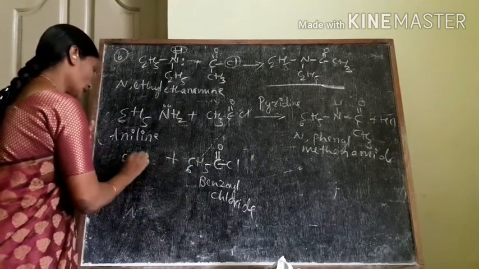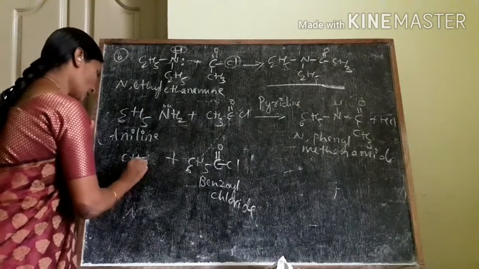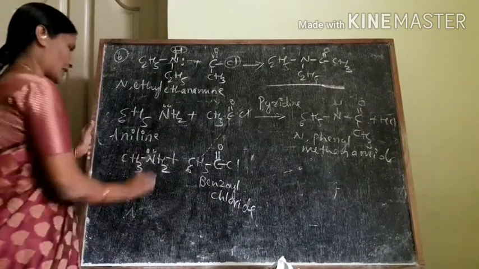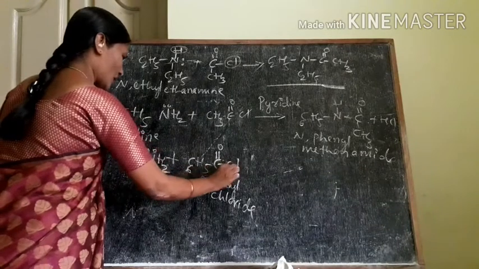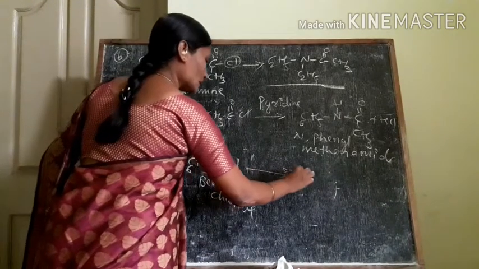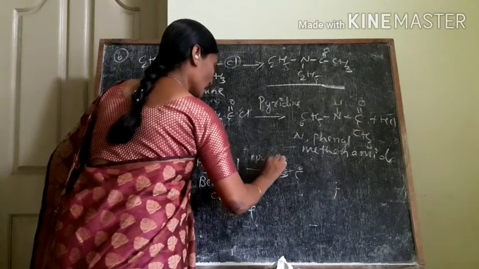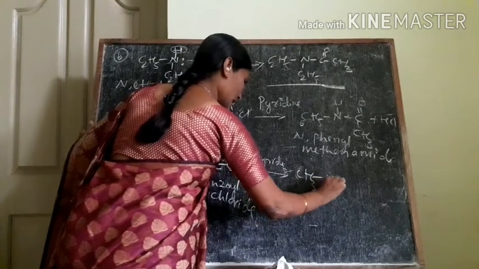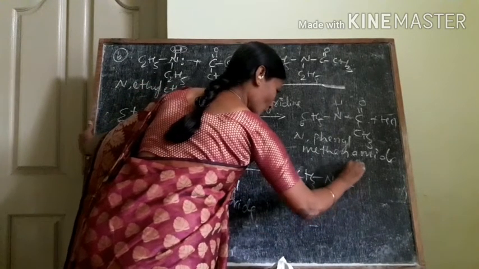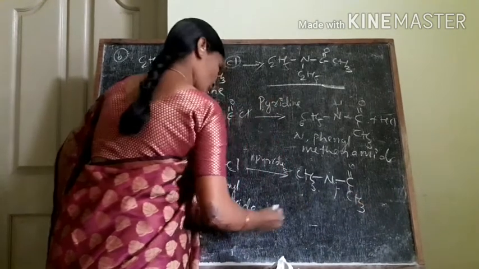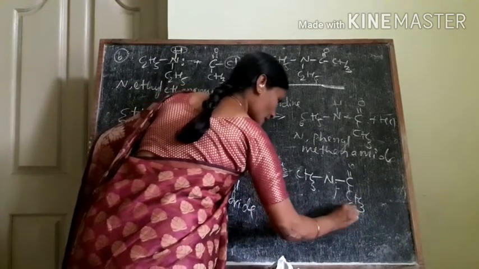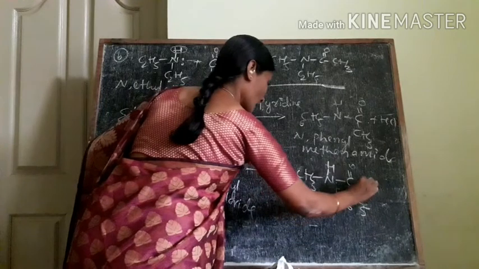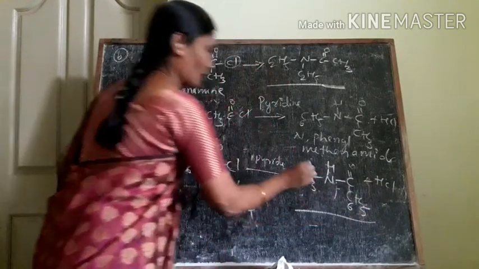Here I take a primary amine, that is CH3NH2, lone pair of electrons. Again the same process is carried out. Cl and H combine, with pyridine, forming CH3NH, then C double bond O, then C6H5, plus HCl.